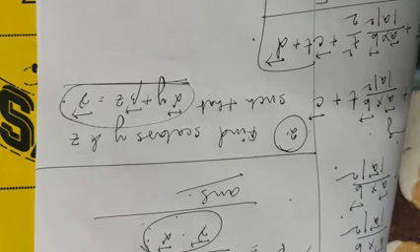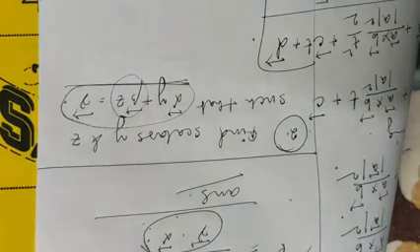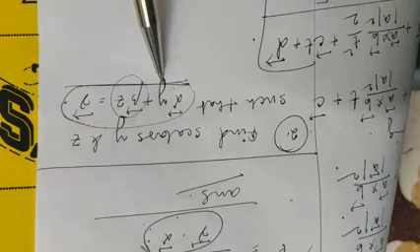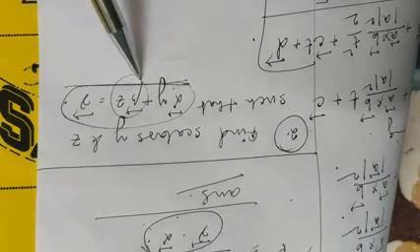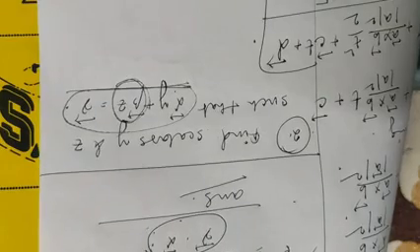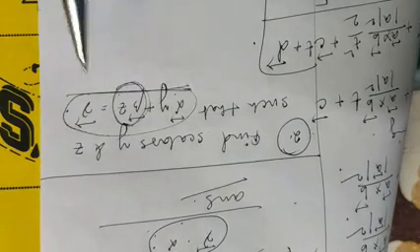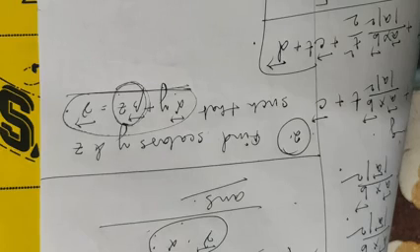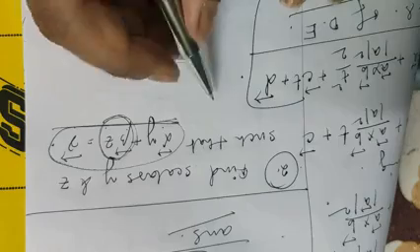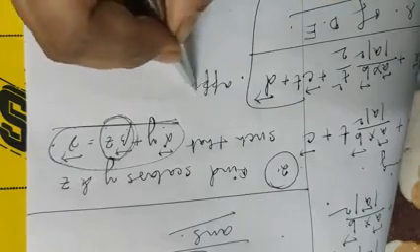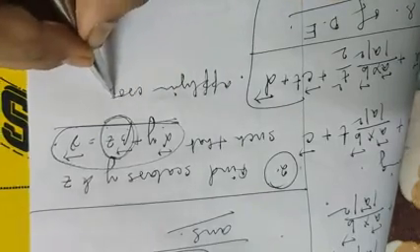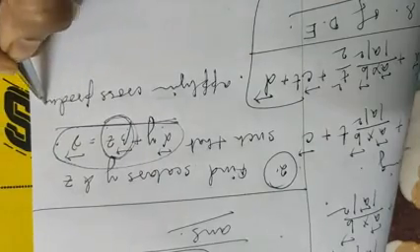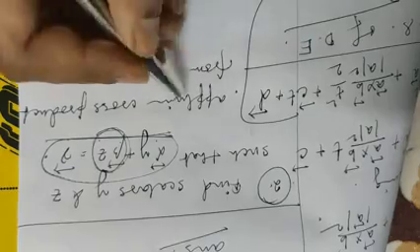Whenever we are trying to find y, we will try to make this part 0, right? Then we can easily get the value of y. To make this part 0, what do we have to do? This is vector beta z. If we cross product it by vector beta, then beta cross beta will turn to 0. So we are applying cross product from the right or from the left, whatever you want.